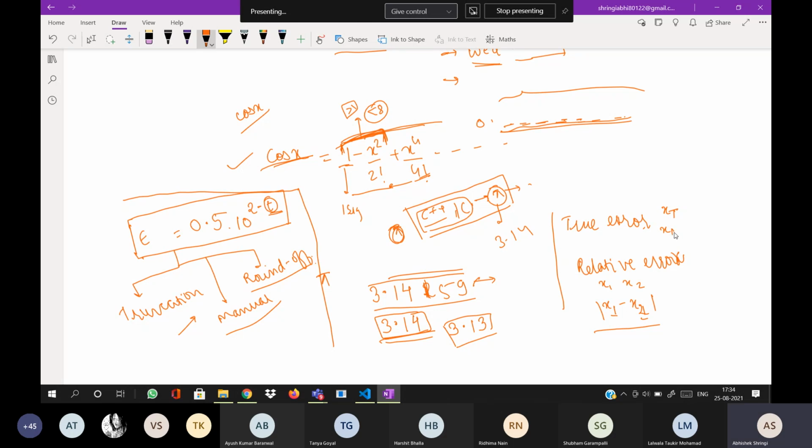So this is x1, right? So the difference between the true value and this value is called the true error. It can be anything, not only 1 minus x square by 2; you can add one more term and one more term and so on.